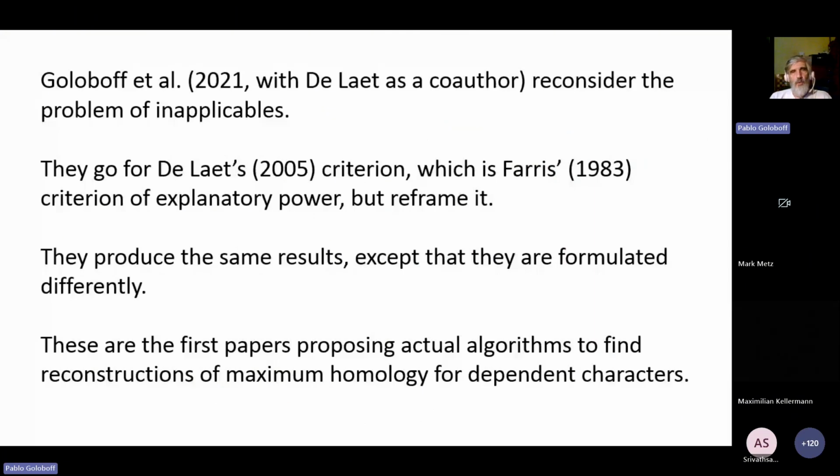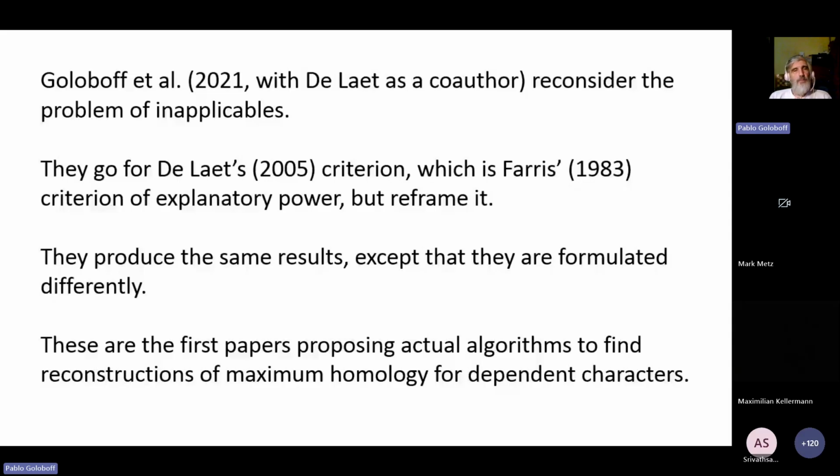In the 2021 paper, we reconsidered then the problem of inapplicables. And what we did was use Delet's criterion of maximizing homology, and this is Farris's criterion of explanatory power. Not the specific algorithms, the criterion of considering what a genealogy should do, maximizing explanatory power. And we reframe that.